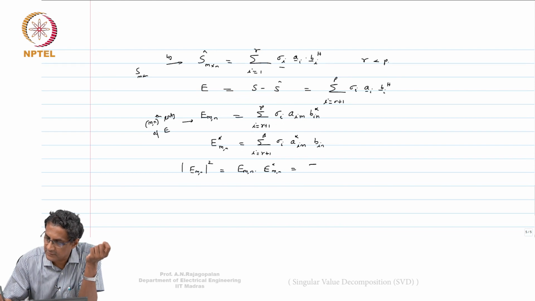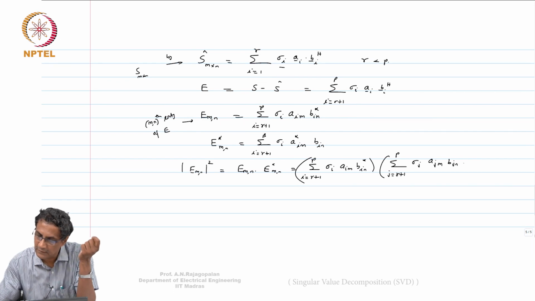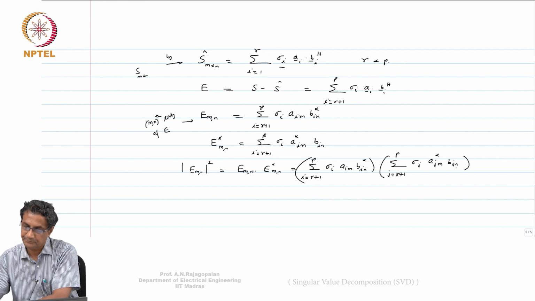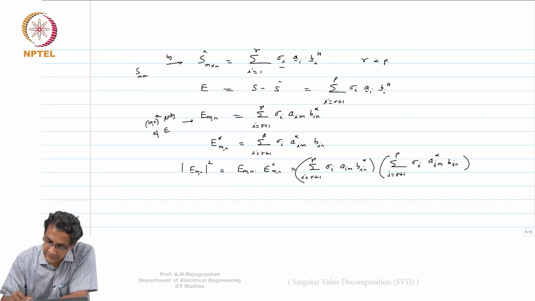In this case that will be the summation i equal to R plus 1 to P of sigma i a_i(m) b_i(n) star, into the summation, let's use j equal to R plus 1 to P, of sigma j a_j(m) star b_j(n).